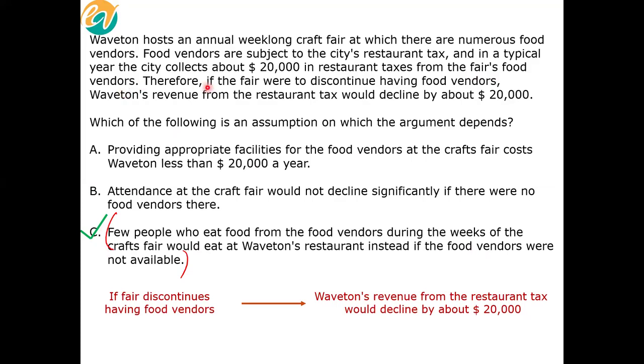If the fair were to discontinue the food vendors, hardly anyone would eat at the restaurant. Hence, Waveton's revenue would decline by $20,000. So making this assumption a part of the premise makes the conclusion very valid. Okay, let's proceed then.